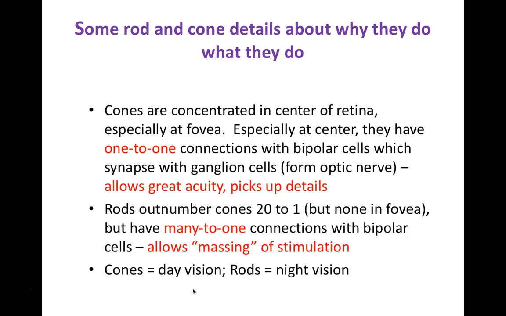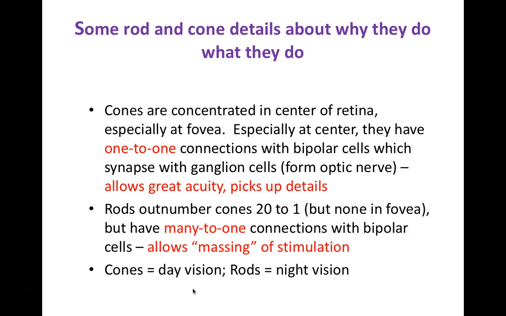So let's look at some details about why rods and cones do what they do. Cones are concentrated in the center of the retina, especially at the fovea. So when you want to focus on something, you're going to try to get what you're trying to focus on to impinge upon your fovea, because that's where we have all the cones. Now the thing about cones is that they tend to have one-to-one connections with bipolar cells.